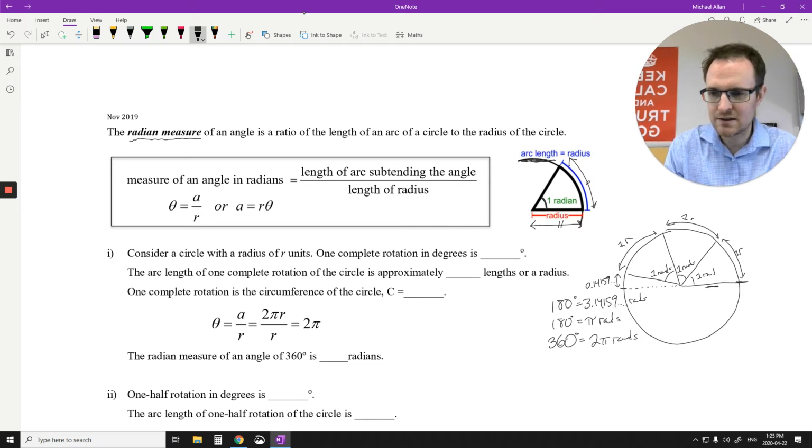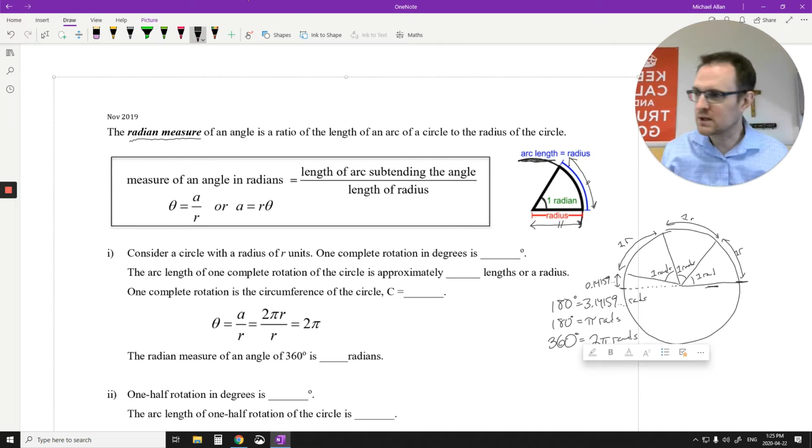Rads and radiuses are essentially the same thing. 1 rad is 1 radius, 2 rads is 2 radiuses. So if I just replace the word rads with radius, I would now have the calculation for the circumference of my circle. So that's essentially how this works.